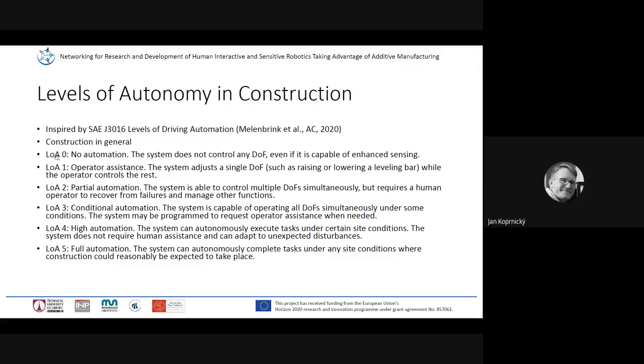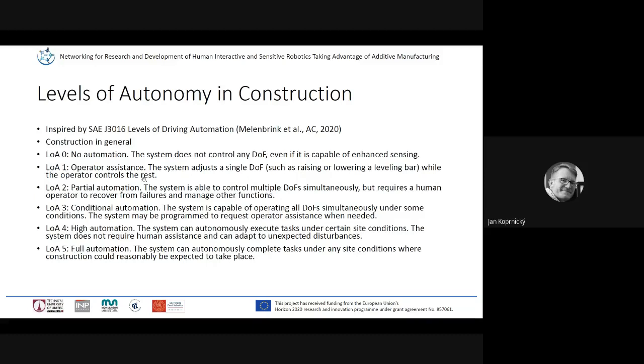Well, level of automation number 0, no automation, is widely used recently on construction sites. So the system does not control any degrees of freedom, even if it is capable of enhanced sensing.